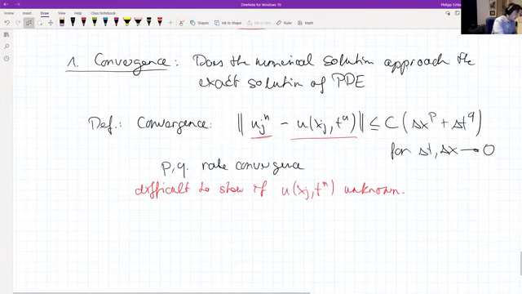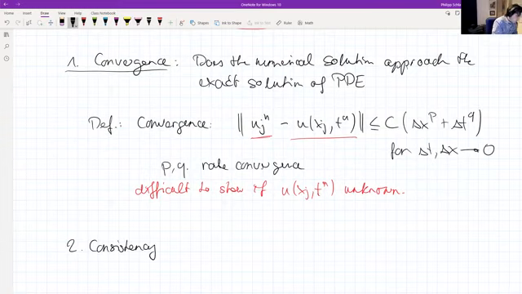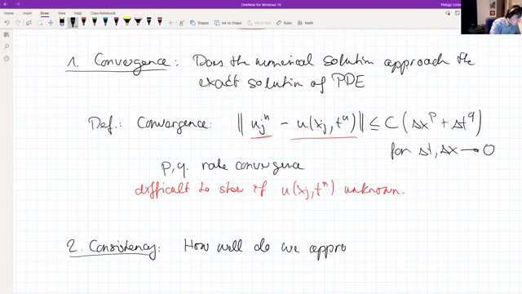So let's now directly continue with consistency. This is something that we can actually show, and we also need to show for numerical schemes. The basic idea of consistency is the question of how well do we approximate the partial differential equation with our numerical scheme?